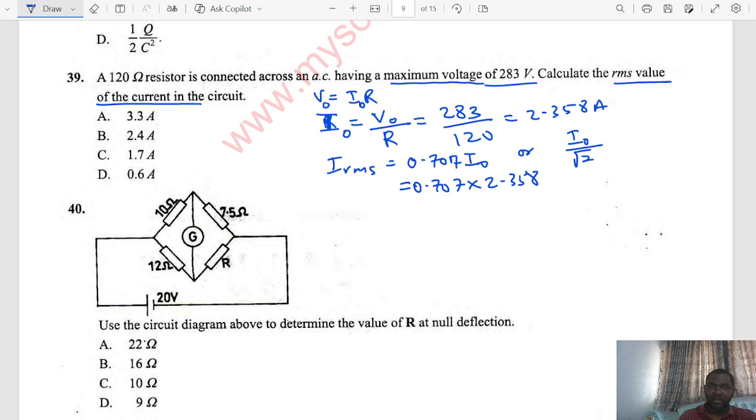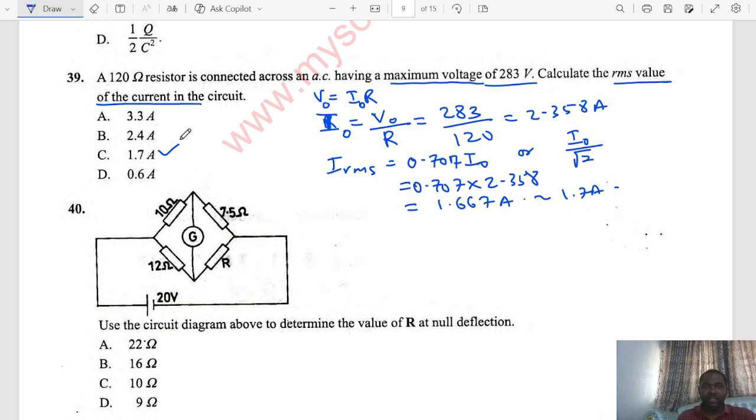I can quickly check that. 0.707 multiplied by 2.358 is giving me 1.667. So the answer is 1.667 amperes, approximately 1.7 to 1 decimal place. So the answer is C.